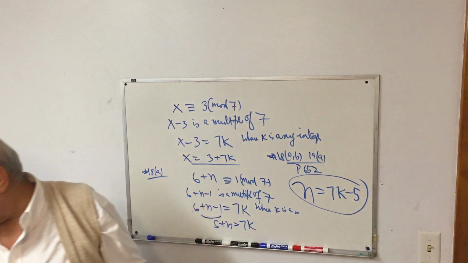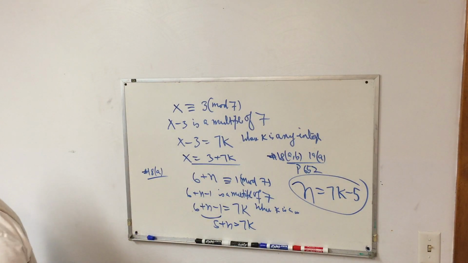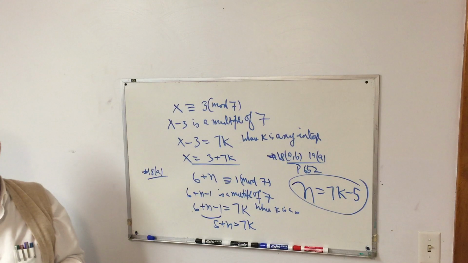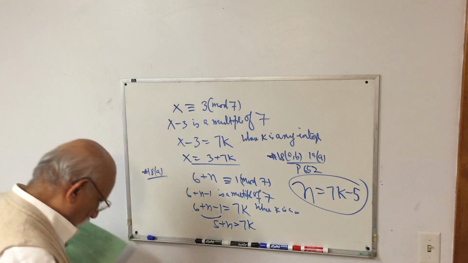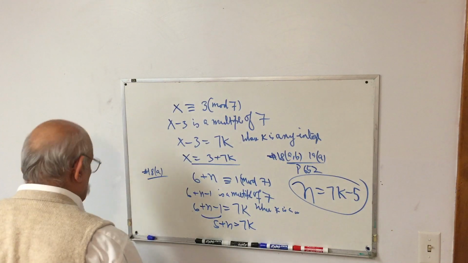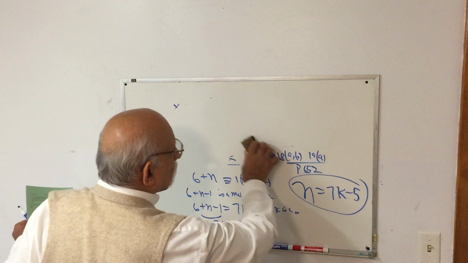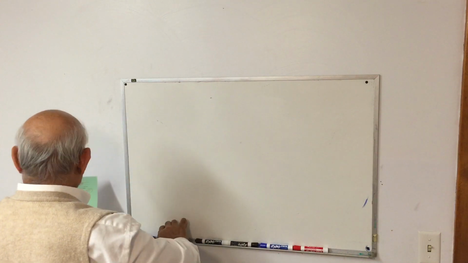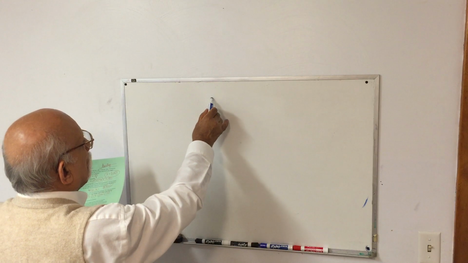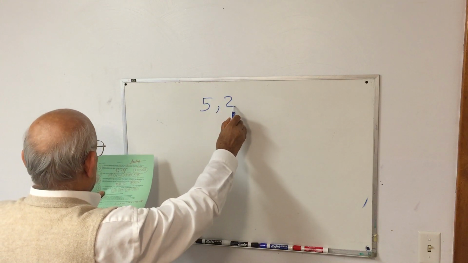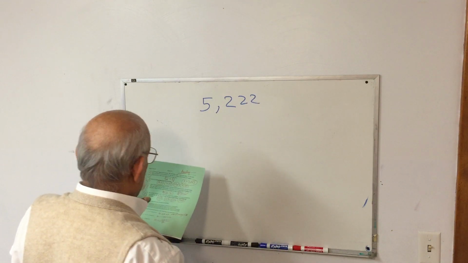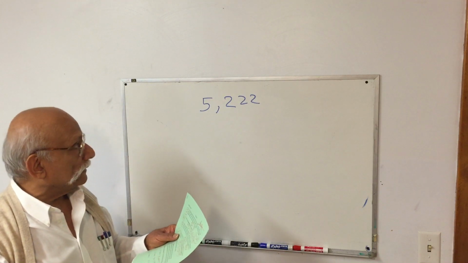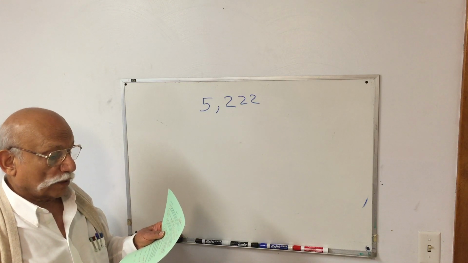One last question I'm going to give you. You work on that. So write these down. In a recent election, 5,222 votes were cast for 4 candidates.